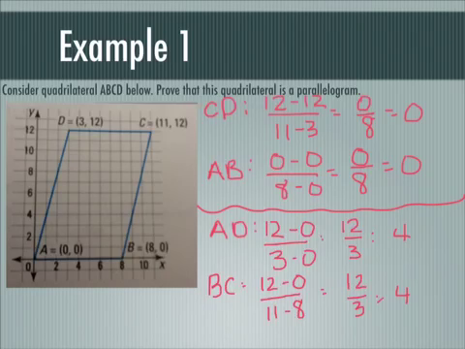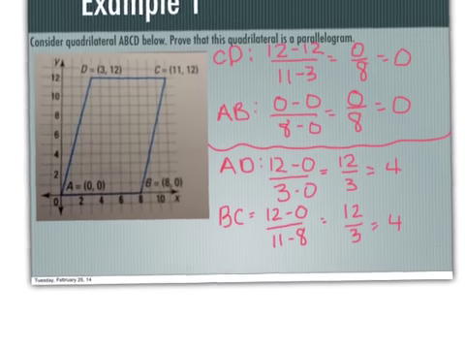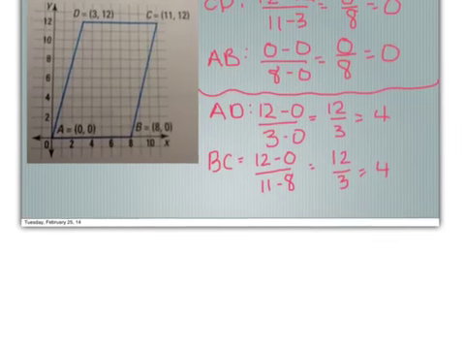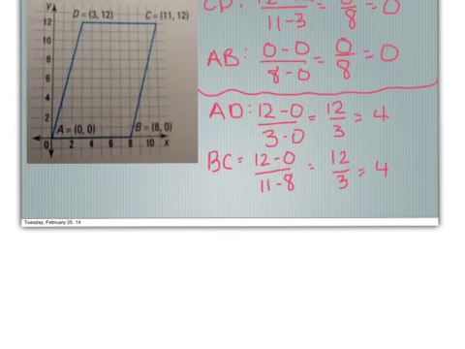So what did that tell me? What did that tell me? What do all those numbers mean? Okay, it means that my sides are parallel, right? So then, remember, this is a proof. Again, an easier proof than what you're used to, but it is a proof.